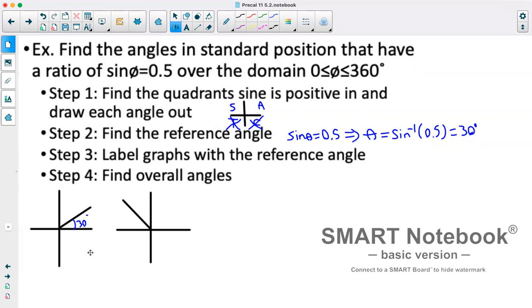Now this first one in quadrant 1, our angle will simply be 30 degrees. This one here, our reference angle is 30 degrees, so we have to calculate what this is. So we'll find the overall angle of this. So we know from here to here's 180. We're short by 30 degrees, so we'd have 180 minus 30. So that gives us 150 degrees.